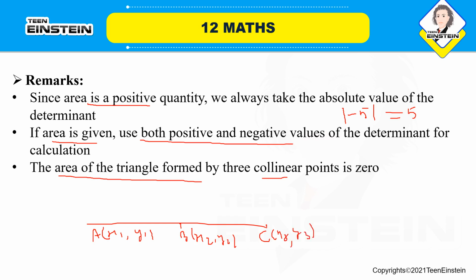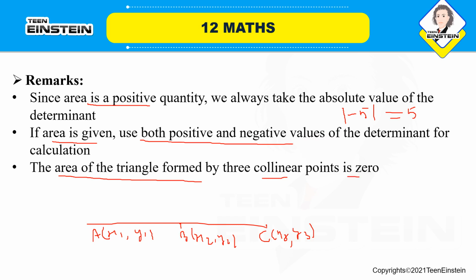See that here all three vertices, A of x1 y1, B of x2 y2 and C of x3 y3, are lying on the same straight line. So there is no triangle. We cannot form a triangle with these vertices because they are lying on the same line. In this case, the area is 0.